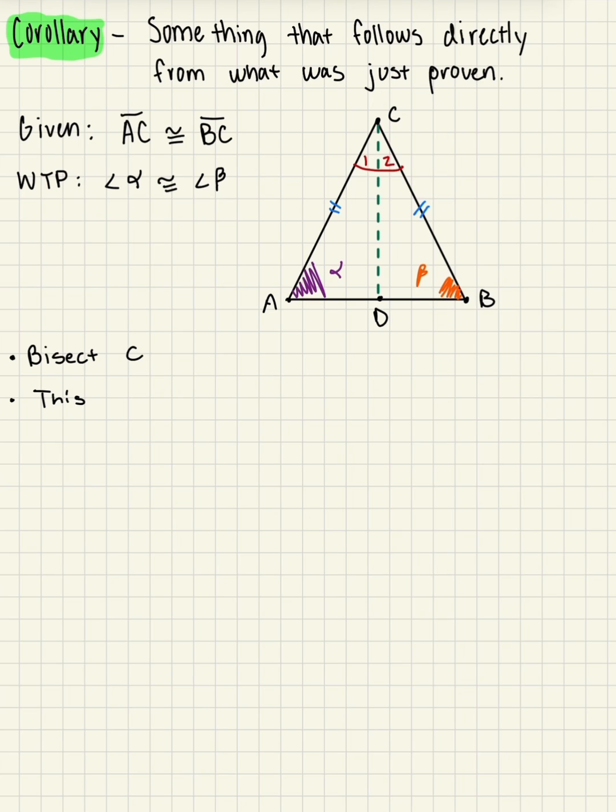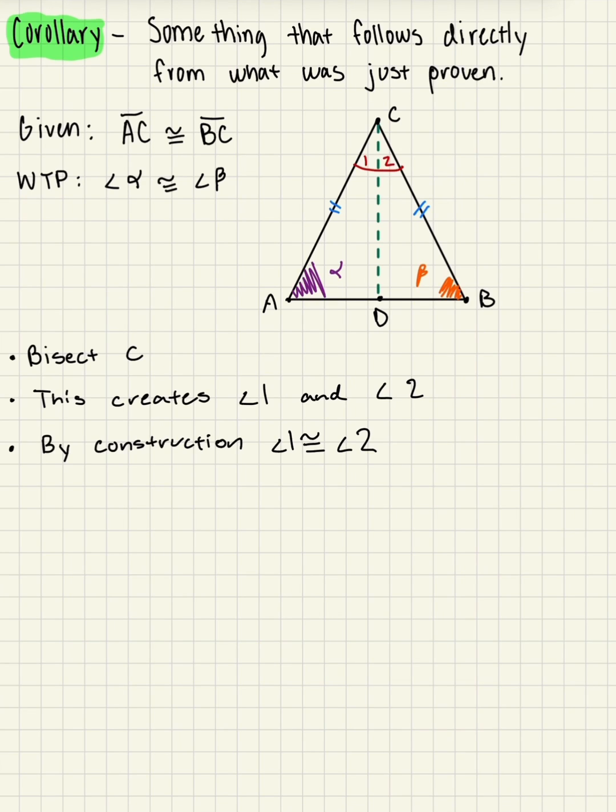So I'm just going to label that. And because of the bisector, we know that by construction, angle 1 will be congruent to angle 2.